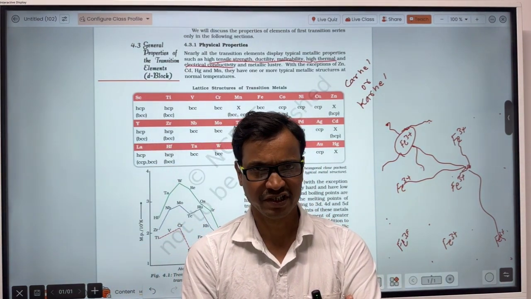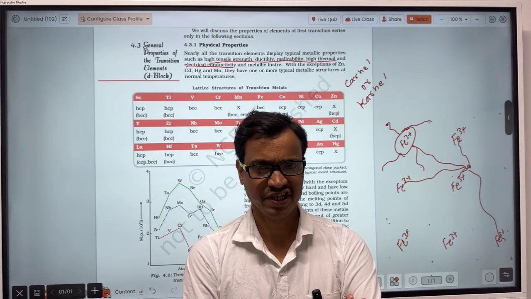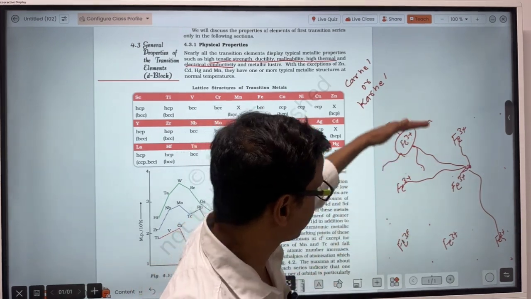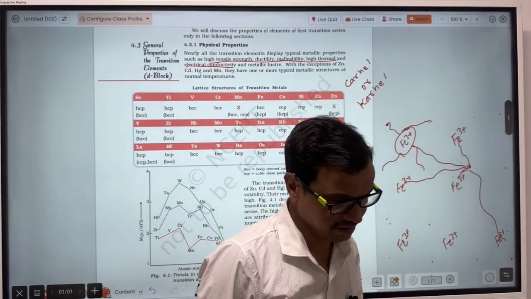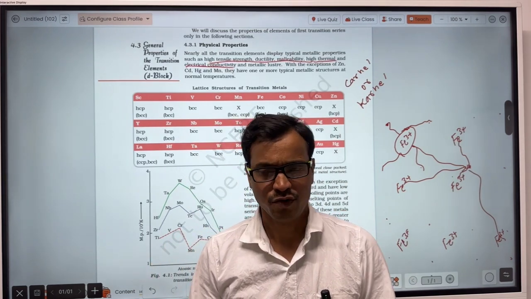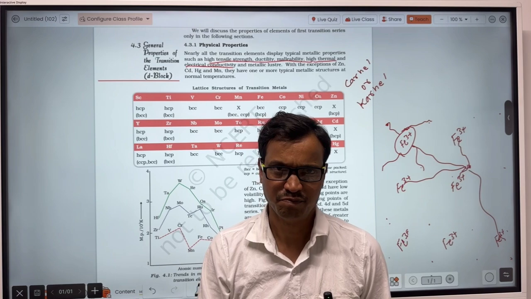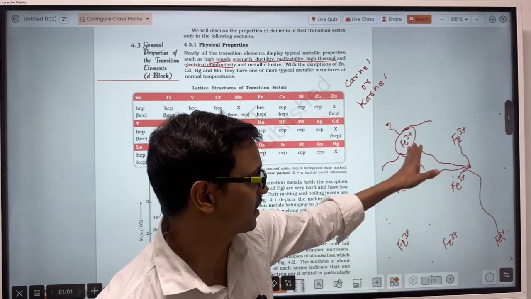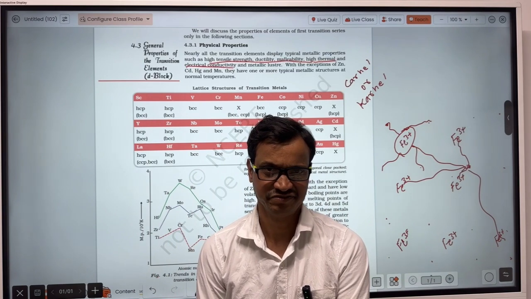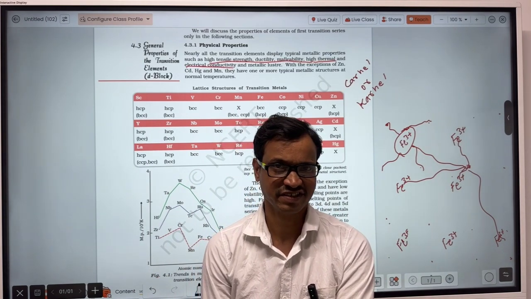One kernel is bonded with a number of electrons, and one electron is bonded with a number of kernels. So when mechanical force is applied, the kernels acquire new positions, or one kernel displaces the other kernel. But the bonding between the kernels and the electrons will not dissociate.